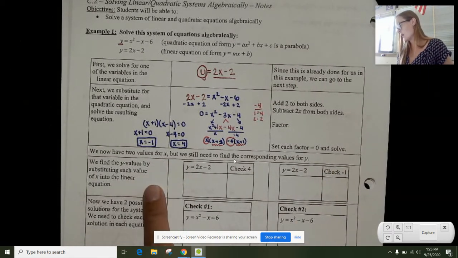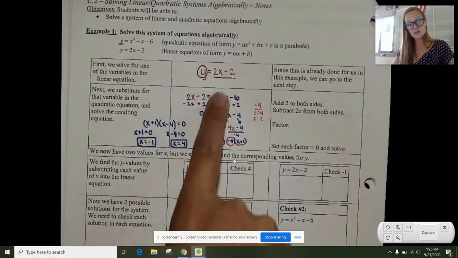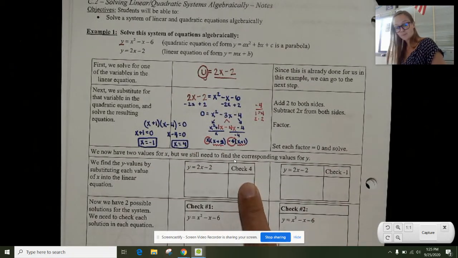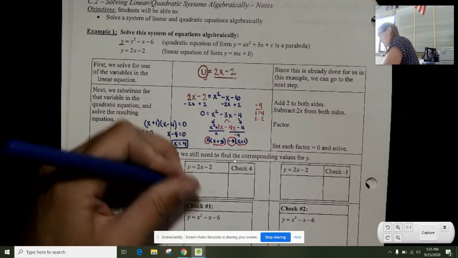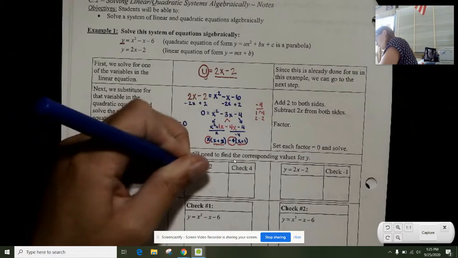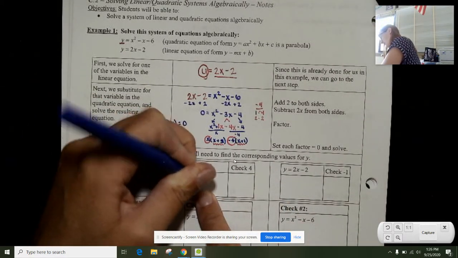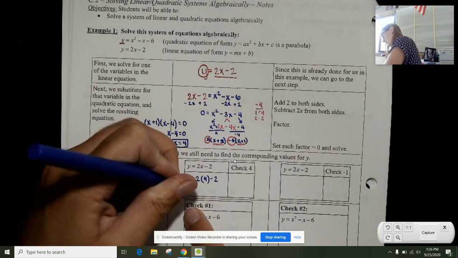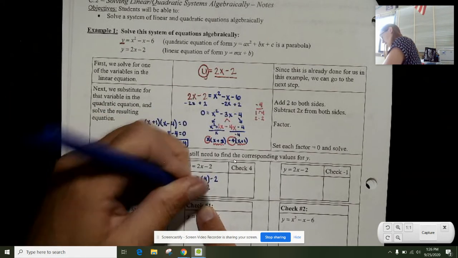To find the y values, you substitute into the linear equation. So if y equals 2x minus 2, just like in the beginning, I'm plugging in 4. So y equals, 4 was an x value, so I'm plugging it in here. 2 times 4 minus 2. So that makes y equal 8 minus 2. So y equals 6.